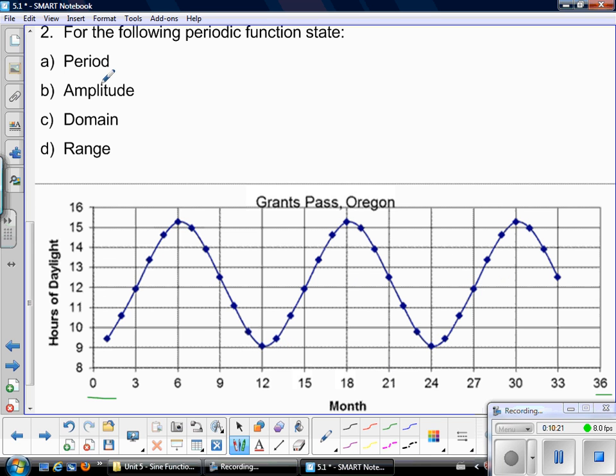The first thing it asks is, what is the period? Remember, that's the length of the stencil if you want to think about it. It's very hard to tell exactly what that number is at the start, so I can go anywhere on the graph where it's easy.